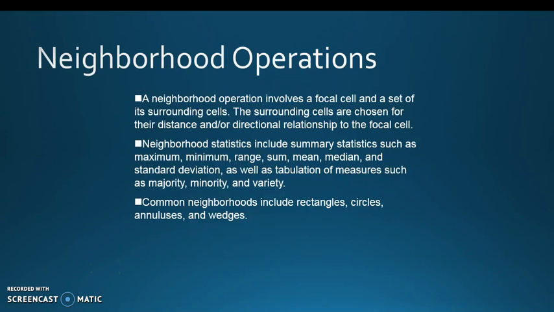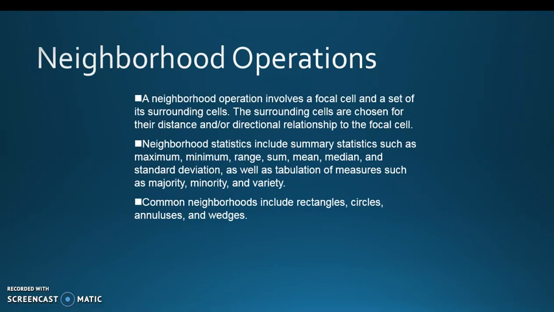Neighborhood operations is the next group of raster operations. A neighborhood operation involves a focal cell and a set of its surrounding cells. The surrounding cells are chosen for their distance or directional relationship to the focal cell. We can use various neighborhood statistics when we work with our rasters.